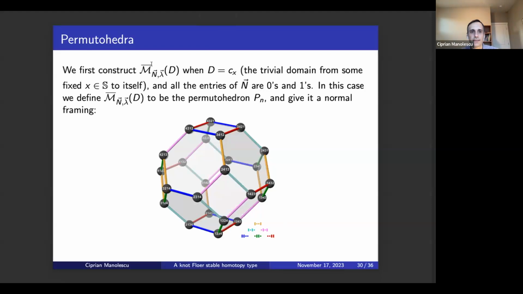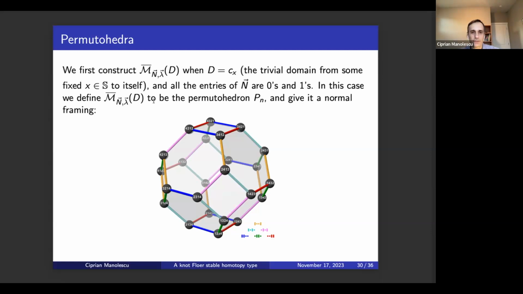So these are going to be models for different bubbles with different heights and with different labels corresponding to the O markings.